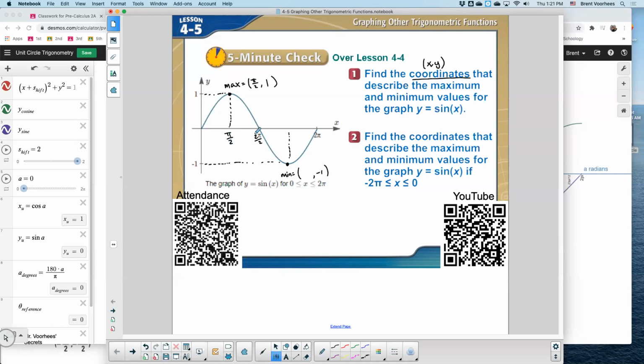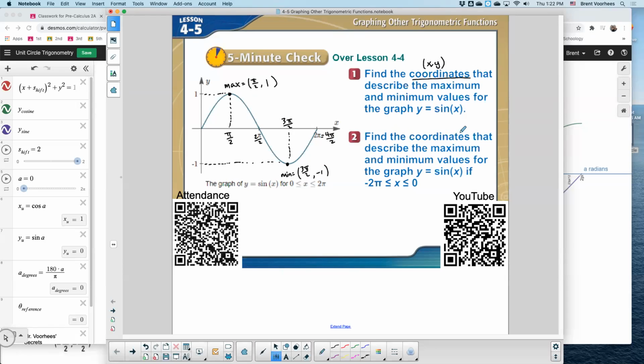That would then make this one 3 halves, so we'd have 3 pi over 2. And then we could end at this point at 4 halves. 2 pi is equivalent to 4 halves, 4 pi over 2.